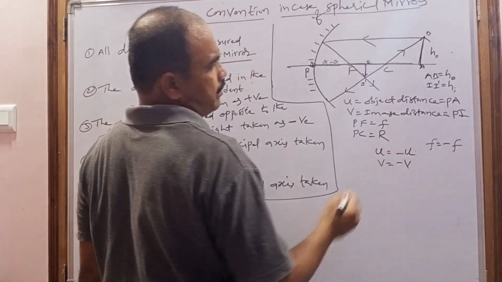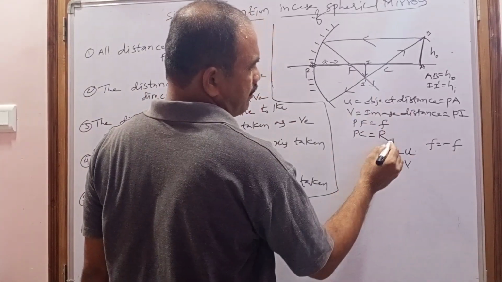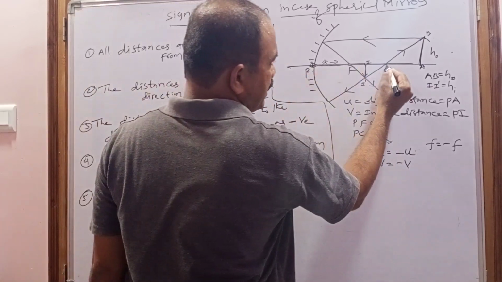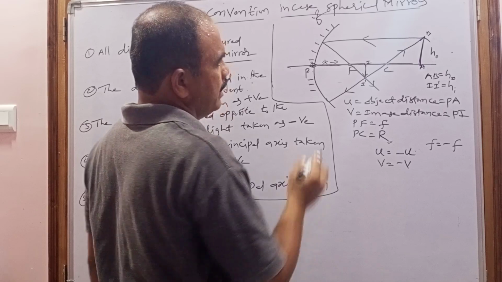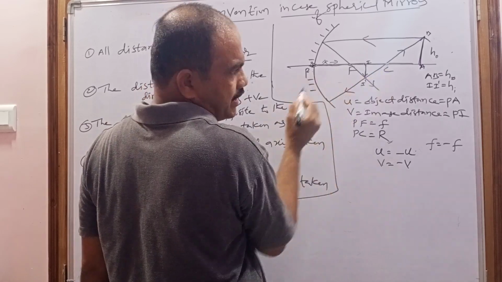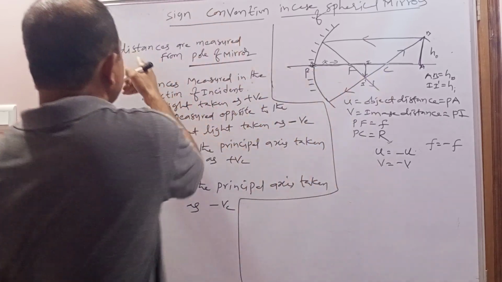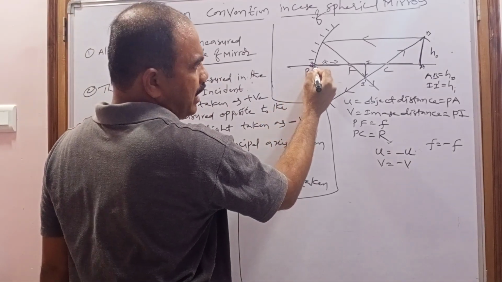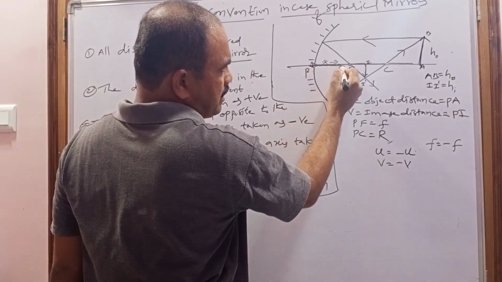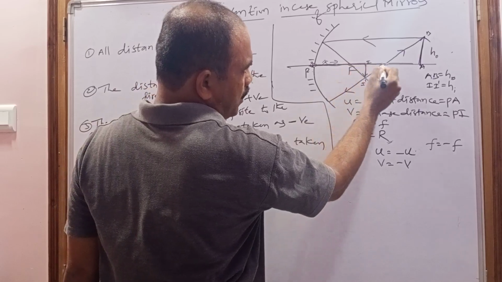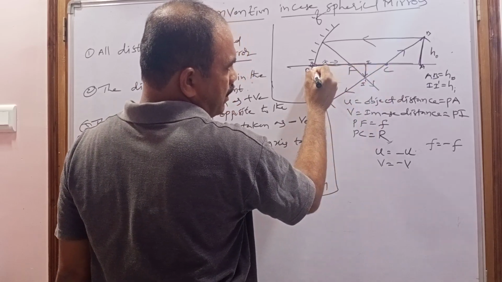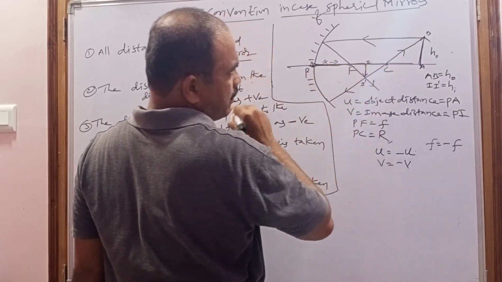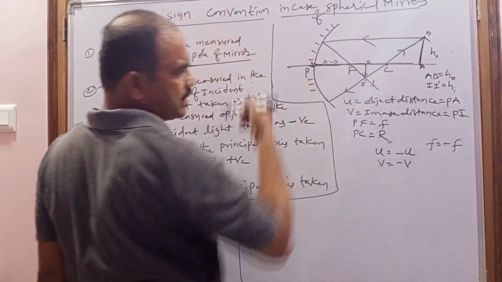And again, to measure the radius of curvature. What is the radius of curvature? The distance between the pole and the center of curvature. To measure this PC distance, you start from the pole, since all distances are measured from the pole, and move up to C. When moving from P to C, you are moving in this direction, but the incident ray is coming from the opposite direction.